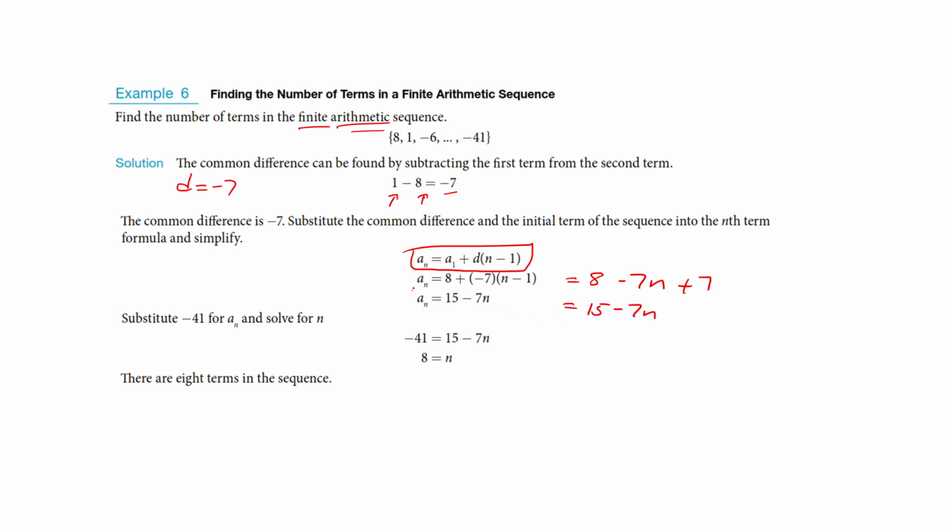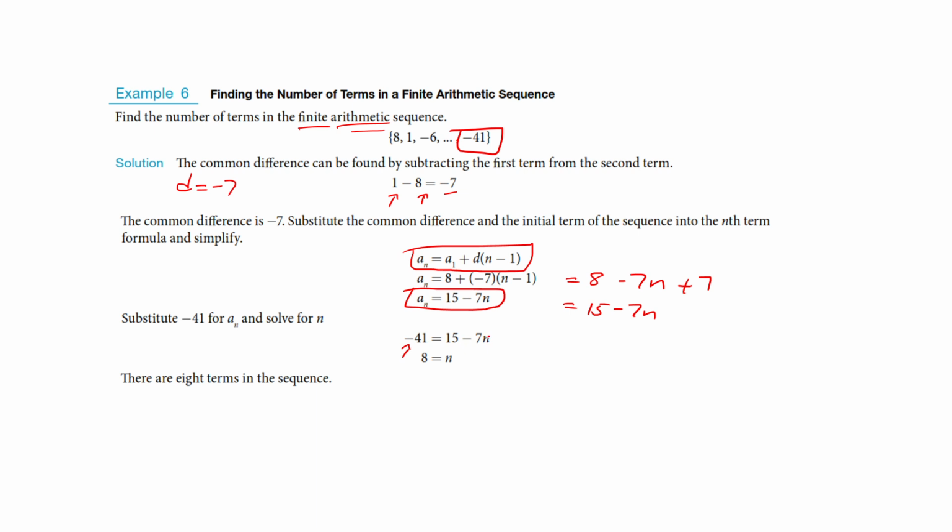Okay, now this all looks exactly like we've already been doing. This is an explicit formula for this sequence, but here's what's different. This sequence is finite. And what we need to do is they're asking us to find the number of terms. In other words, how many iterations have there been? What is the value of n for that last term? So let's put the last term into our formula. -41 is our last term, equals 15 minus 7n.